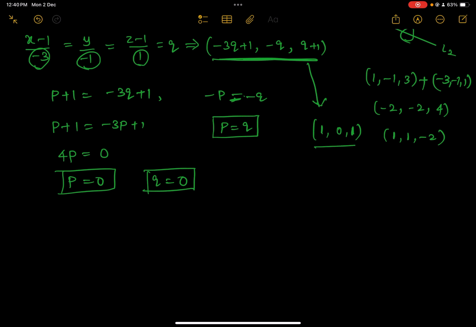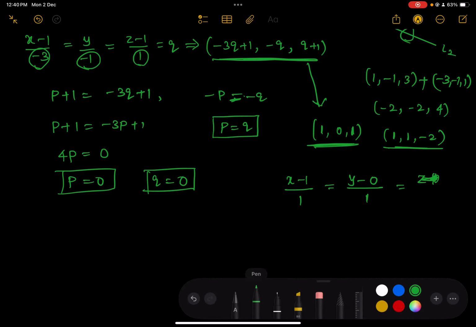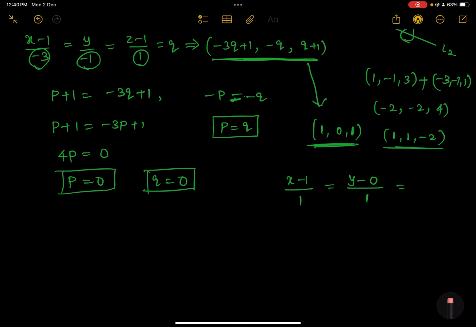So this is the point on the line L and these are the DRs. So the equation can be written as (x minus 1) by 1 is equal to (y minus 0) by 1 is equal to (z minus 1) by minus 2.